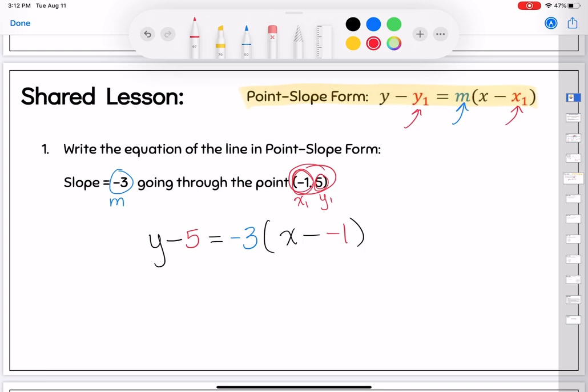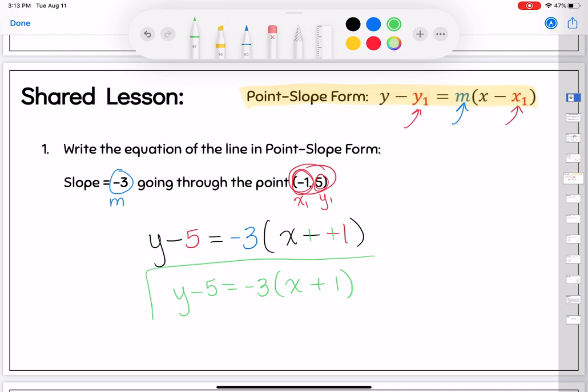Now be careful here, right? Just like in our warm-up, we have two negatives, so make sure that you have x minus from the formula and then -1 from the point. So I'm going to do a little simplifying here actually, because x minus -1 is really x plus 1. So I'm going to say y minus 5 equals -3 times x plus 1.